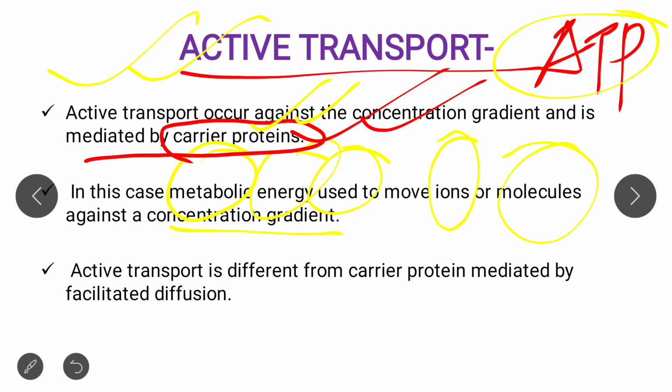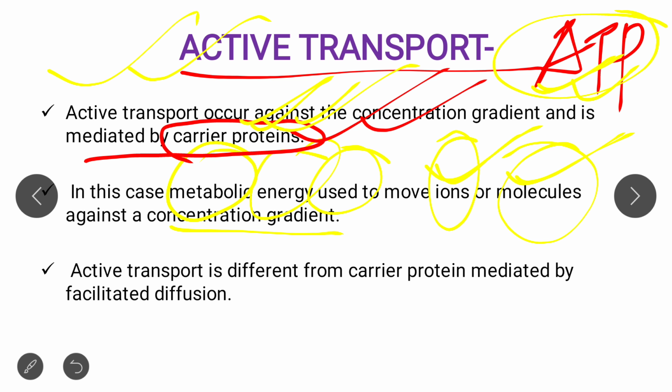Facilitated diffusion uses this carrier mechanism for transport of ions and molecules, but no ATP is required. In active transport, with the help of ATP, the carrier protein transports ions and molecules.